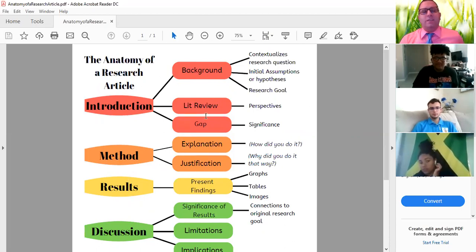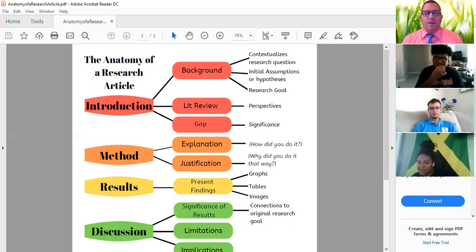Most of them are going to have what's called a literature review in them, which is basically where they're going to briefly describe and go through what research has already been done. Now, that might be important to you because the literature review is going to give you an idea of where else you can look for information.